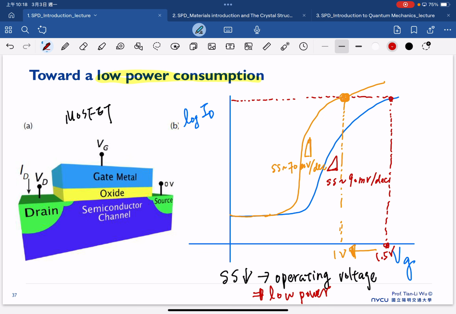And the basic idea is we will try to have the subthreshold slope as low as possible, and in that case we can operate at a low bias but reach the same or even higher drain current.